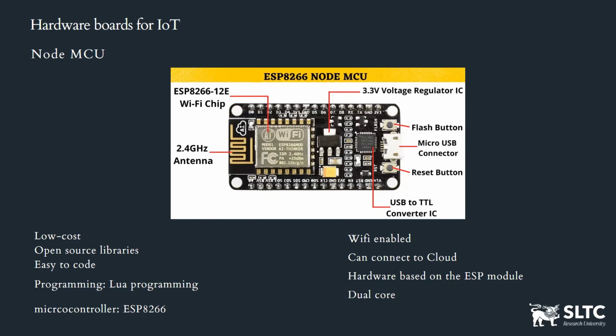So Node MCU has a similar performance to the ESP32 microcontroller as well. ESP32 is something that we are using most of the time in our IoT projects, and therefore I think it is something that is familiar to us by now. So the ESP8266 microcontroller is something that came before ESP32, right?